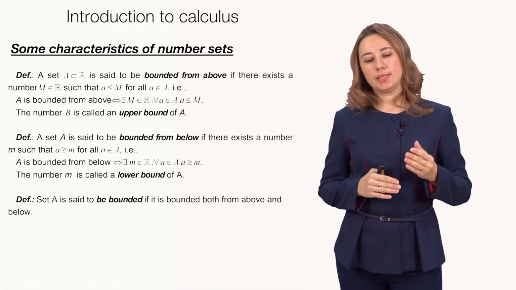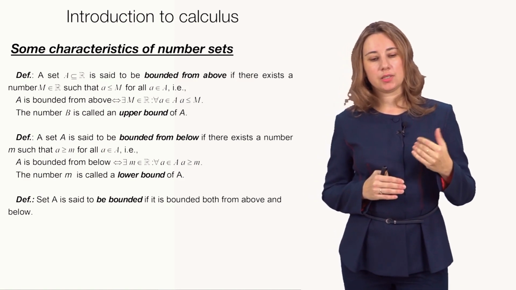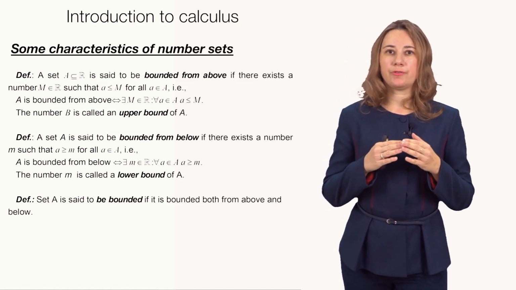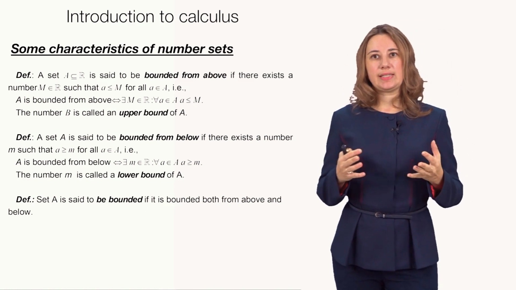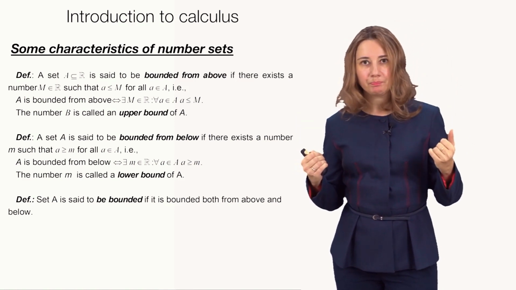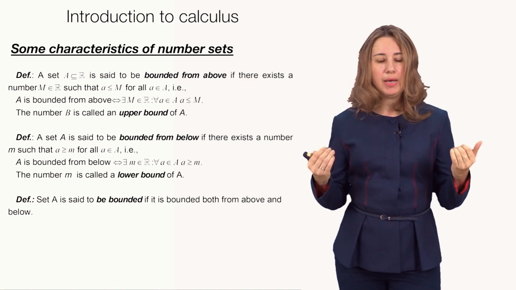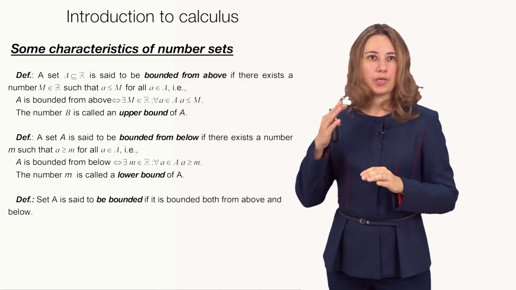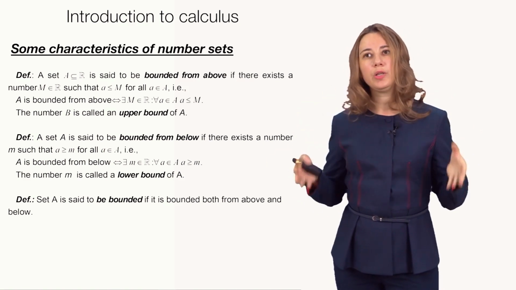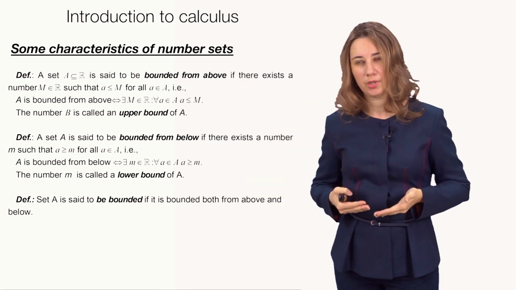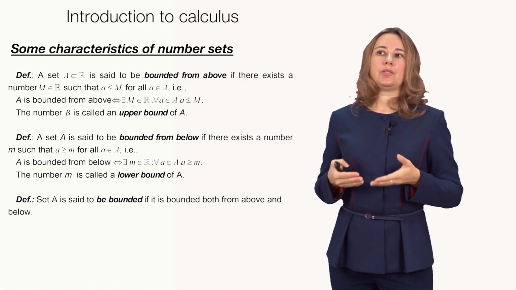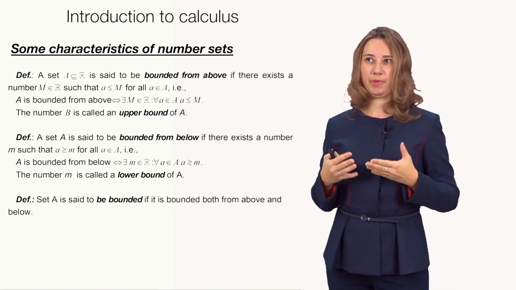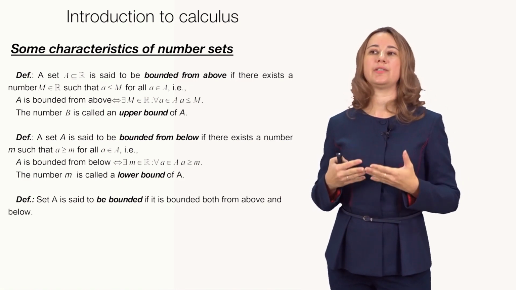Well, a set A that is a subset of the set of real numbers is said to be bounded from above if there exists a real number capital M such that the inequality a is less than or equal to capital M holds for all a from our set capital A. We can represent definitions in the shorthand form using these special mathematical symbols called quantifiers.